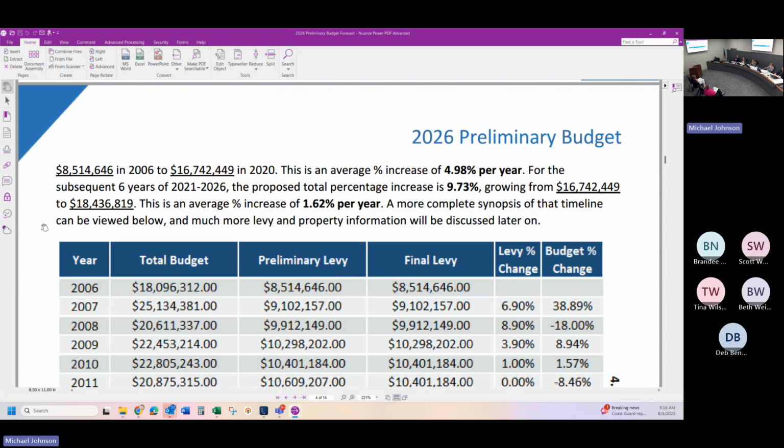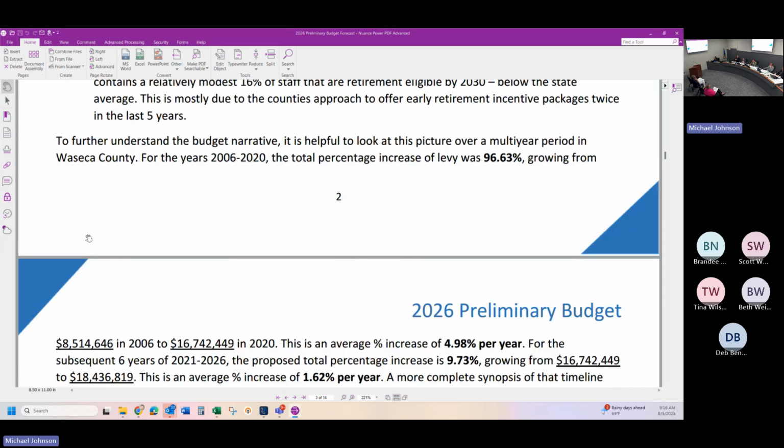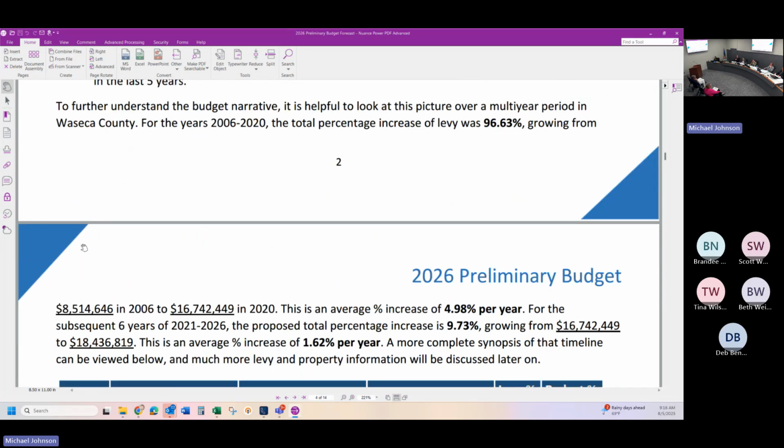Some of that is because of the board's strategic approach to early retirement incentive planning over the last 5 years. So that's positive.